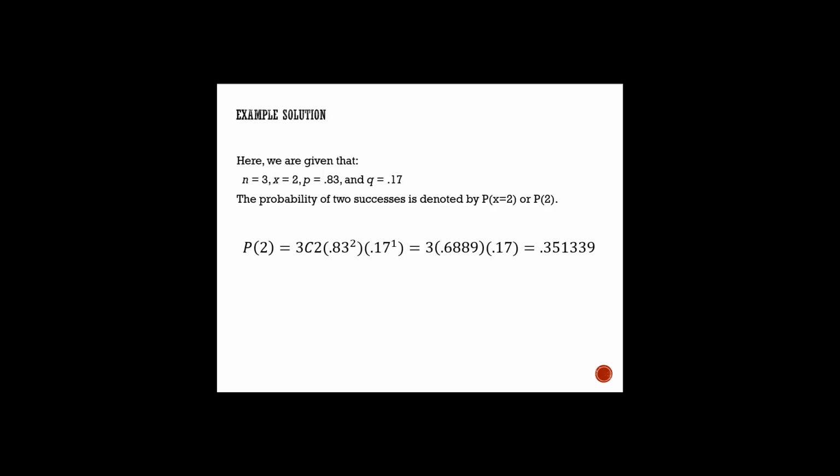So what do we know? Well, we know n is 3, x is 2, probability of success, or p, is 0.83, so we can say 1 minus 0.83 and come up with q, which is 0.17.